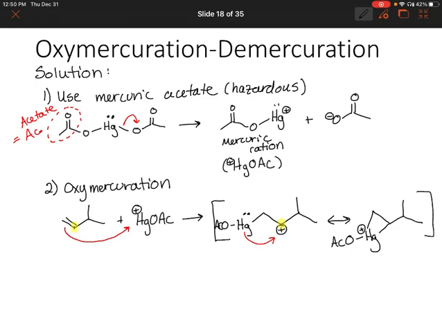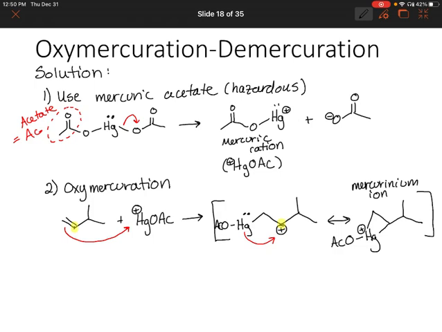And this is called a mercurinium ion. All these fun names. So instead of a bromonium ion like we get in the halogenation reaction, we're now forming a mercurinium ion.